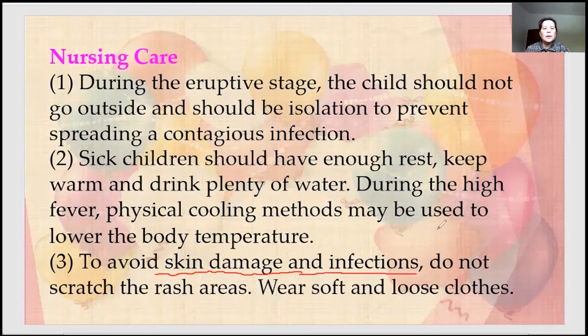Generally speaking, bacteria and fungi live on the superficial skin, but they don't invade inside the body because our skin is a pretty good protection for us. But if the skin is damaged, it's pretty easy to get infection. So that's why we say the children should not scratch the rash area. The rash area is weaker and pretty easily damaged.